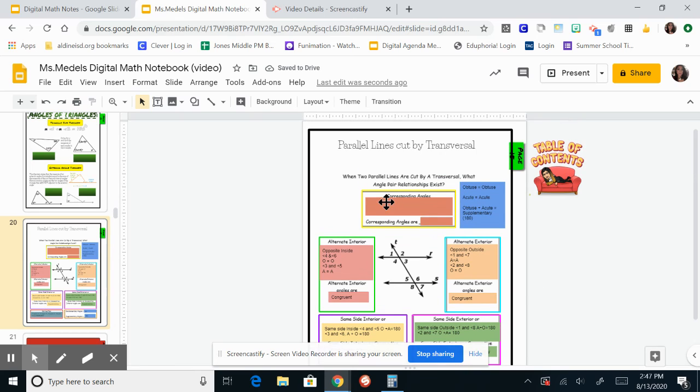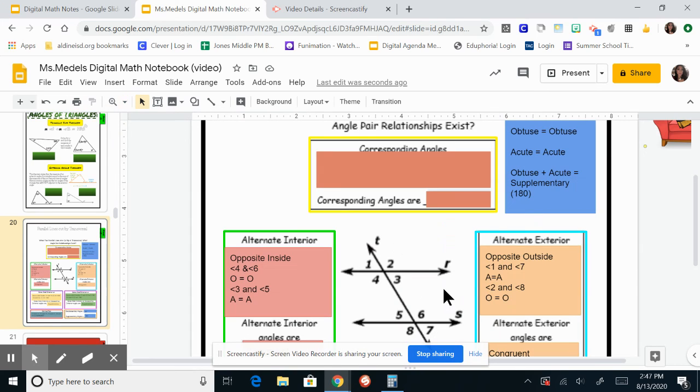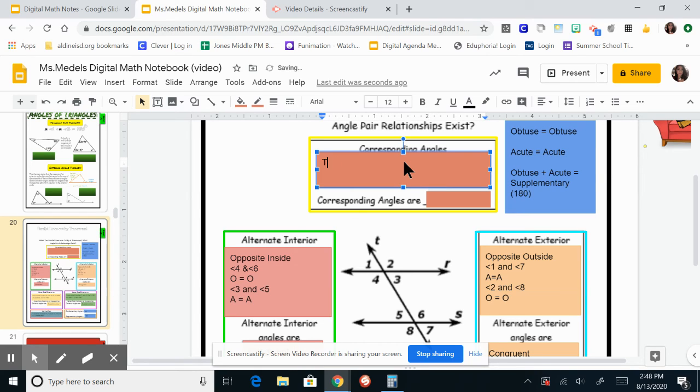And then finally, we are going to have corresponding angles. These are a bit tricky. The best way that I can describe them is, I'm going to write that right now: top, top, or bottom, bottom.